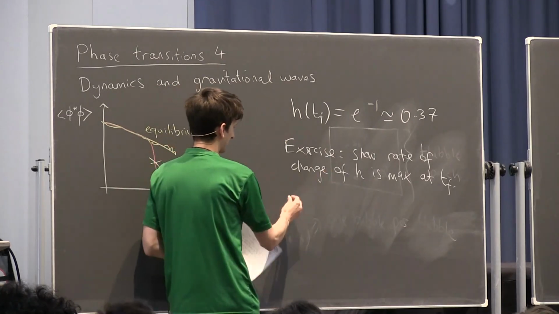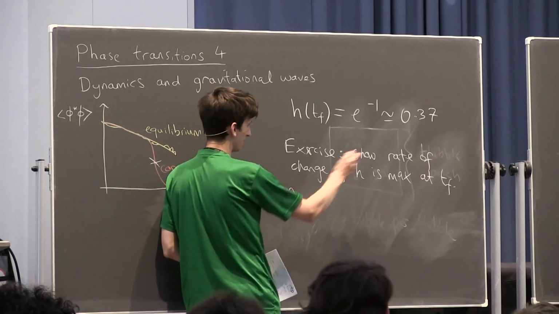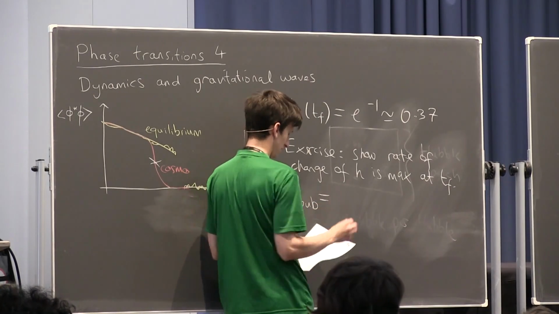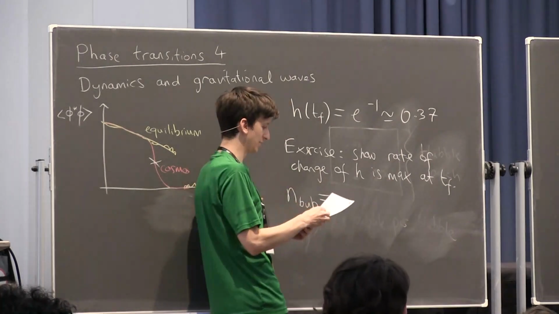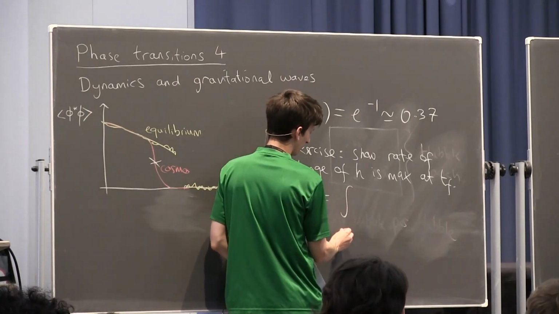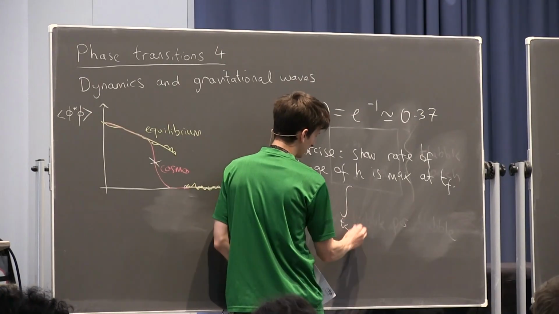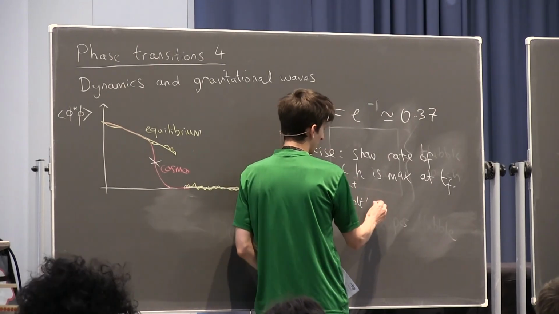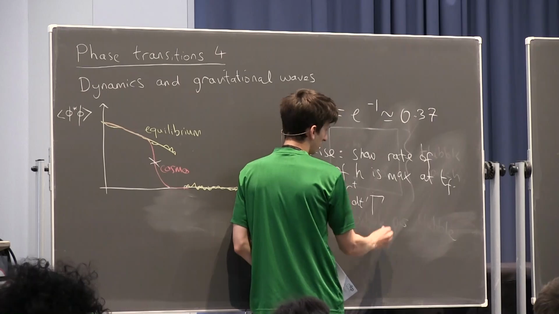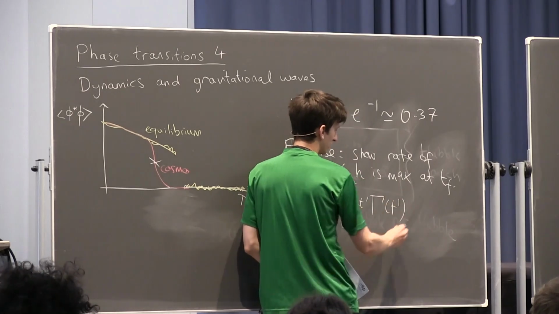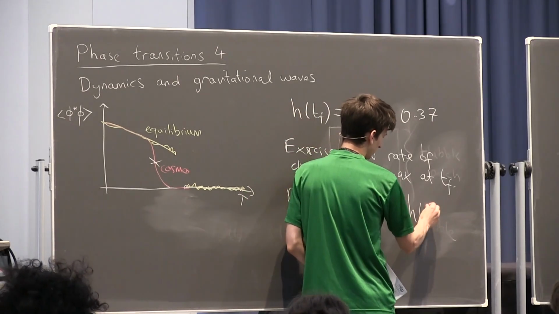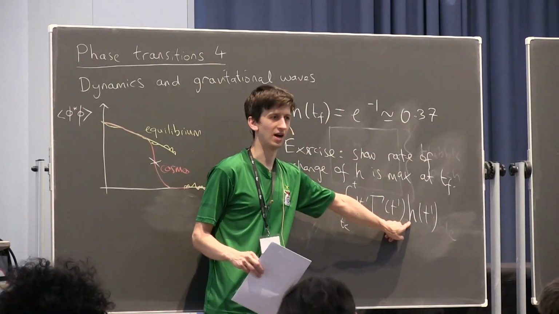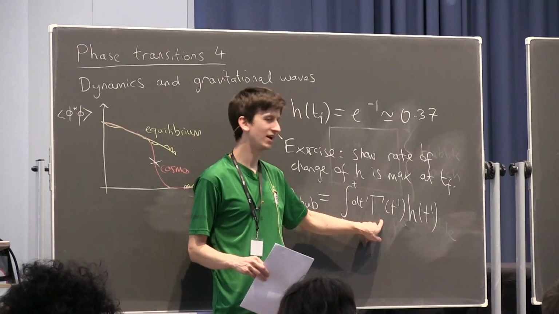And from this, we can calculate other things, essentially by integration. So if you want to know the number density of bubbles, so how far apart they are, how densely they're distributed, we'll then integrate from Tc up to T of the nucleation rate times the probability that I'm in the high temperature phase, because I can only nucleate within the high temperature phase.